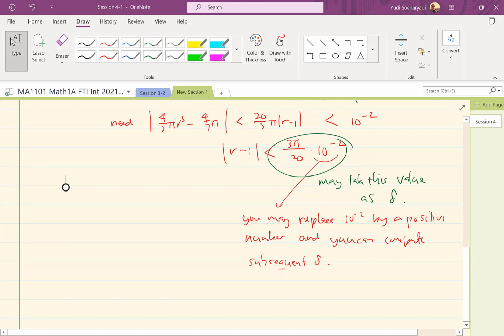Remember that calculation? All right, so we're going to repeat that in different contexts.